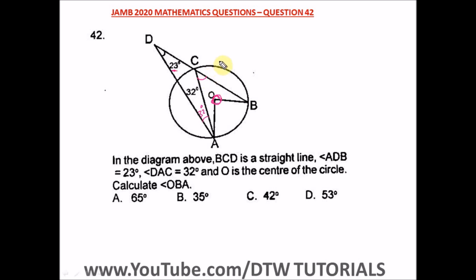There is a formula that says the exterior angle is equal to the sum of the two opposite interior angles.